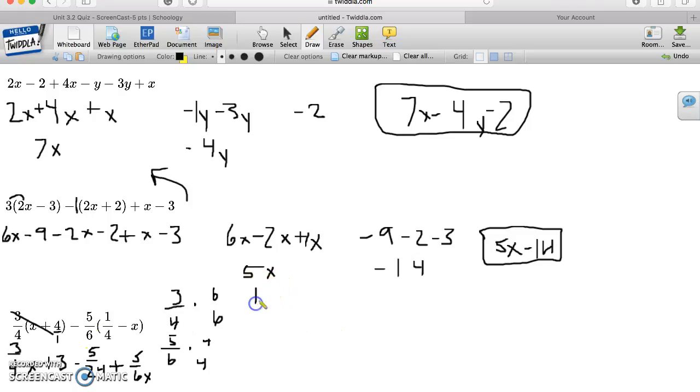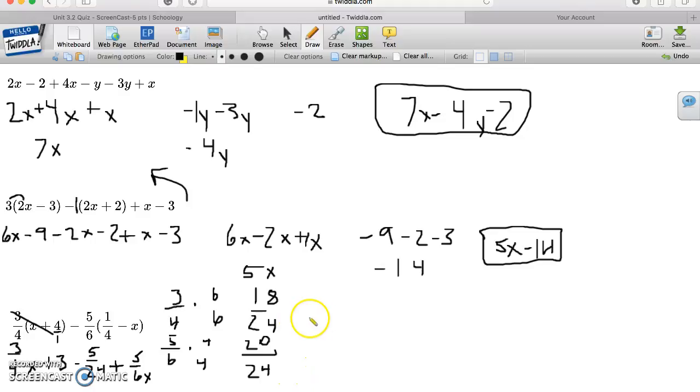So we have 18 over 24, and then we have 20 over 24.